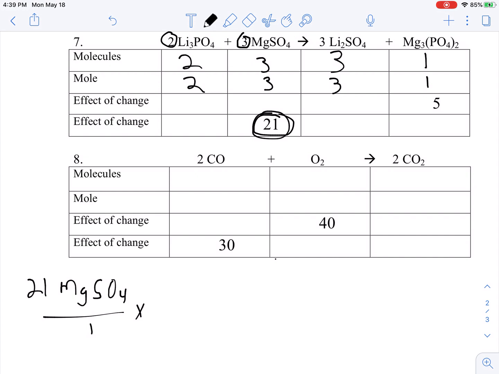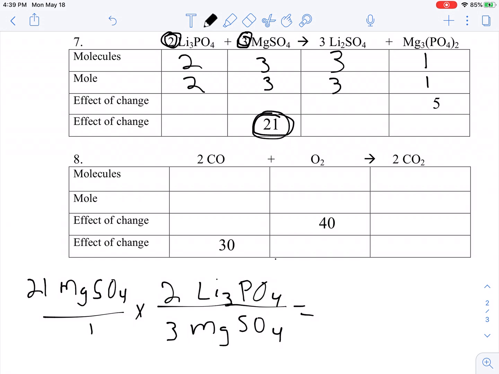Well, it's a 3 to 2 ratio. Okay, 3 to 2. We're going to put magnesium sulfate on the bottom because this is what we started out with, MgSO4. Okay, and it is a 3 to 2 ratio lithium phosphate.